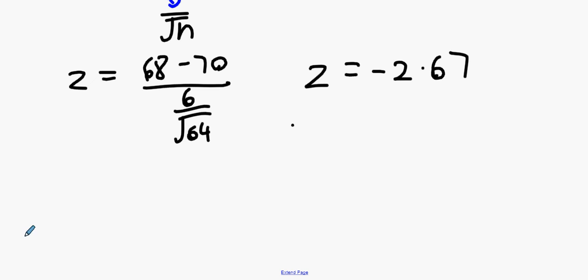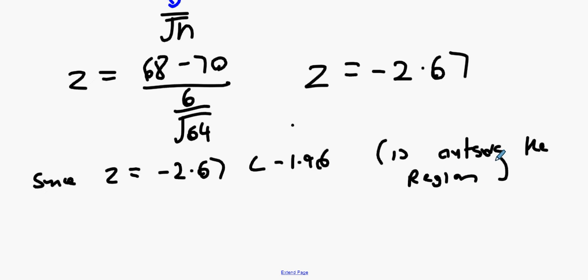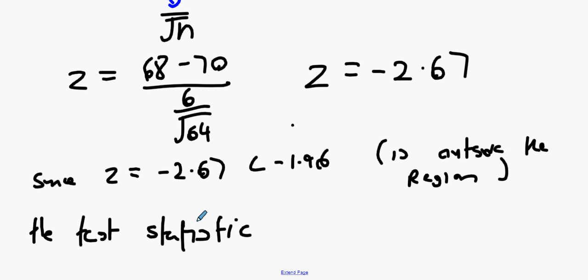So, since Z equals minus 2.67 is smaller than minus 1.96, or you can say it is outside the region, okay, since that happens, the test statistic, what do I mean by the test statistic?